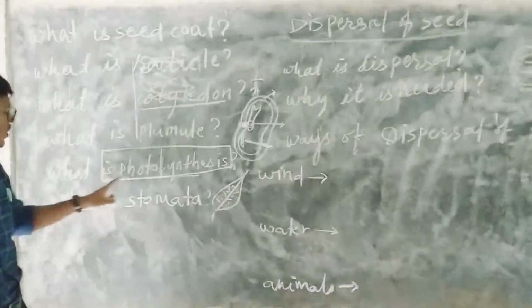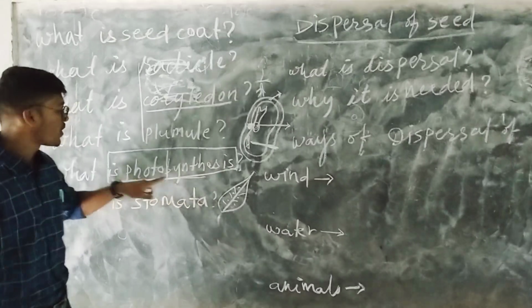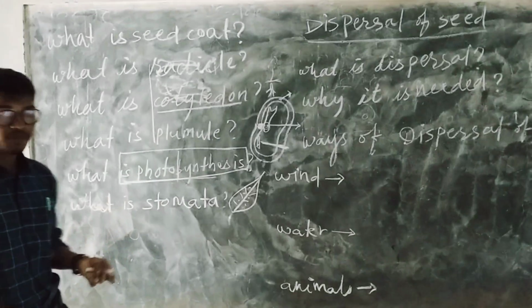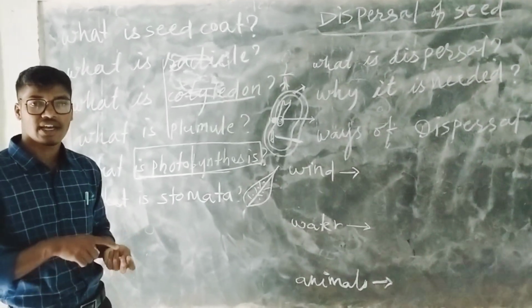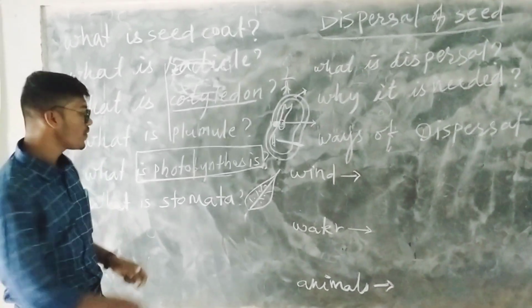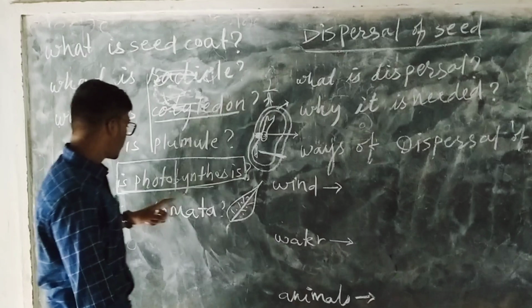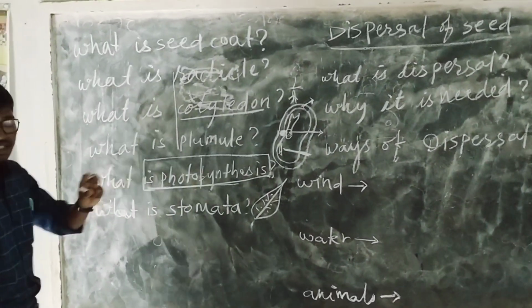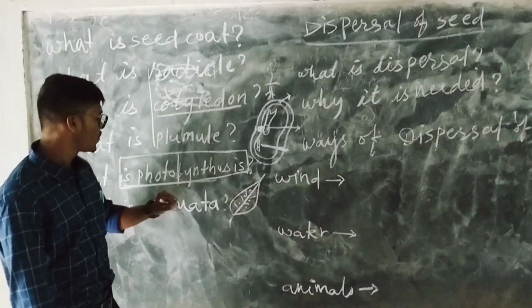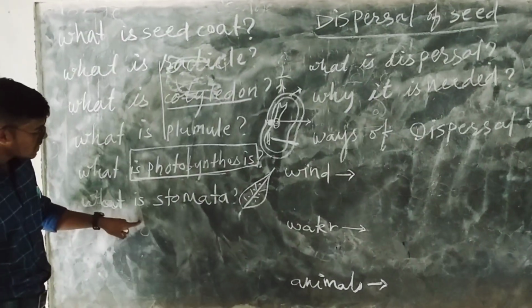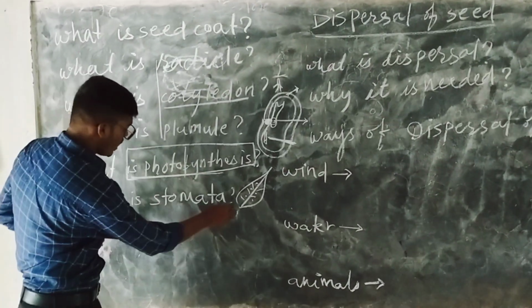This process is called photosynthesis. And for this, mainly the tree needs sunlight, water and carbon dioxide from the air, and by those things the tree makes the food. And what is stomata?